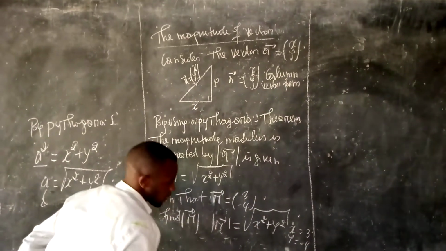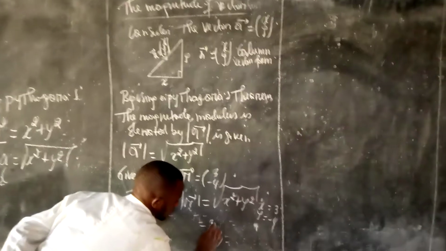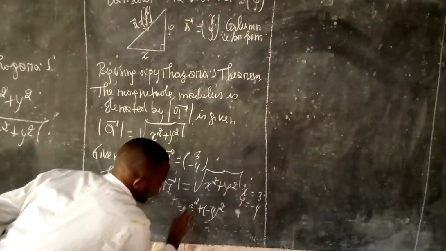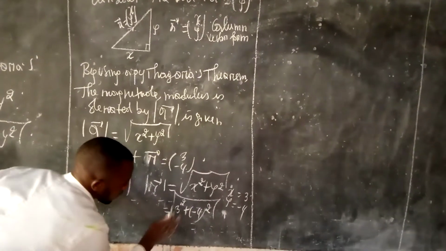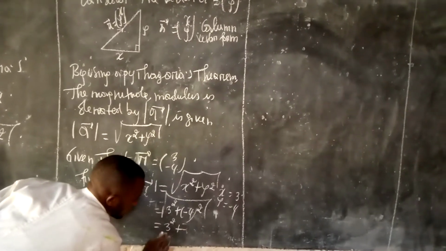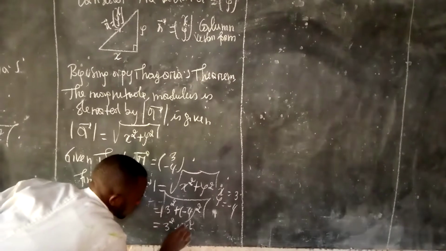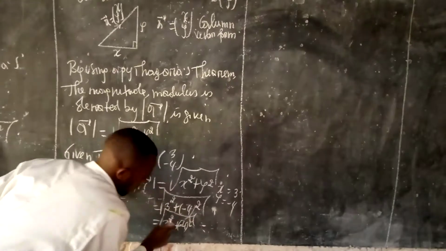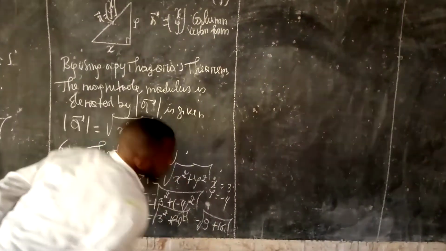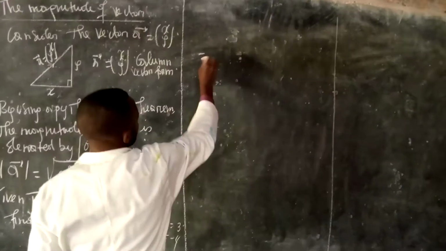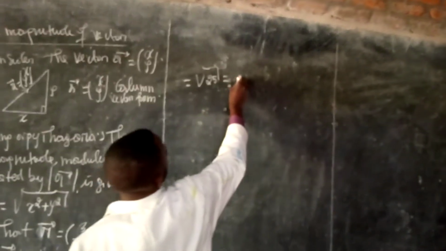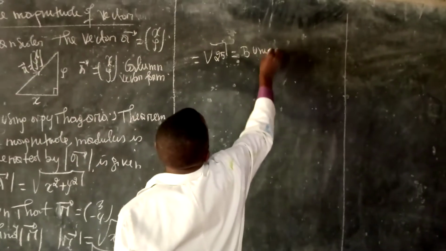So now we replace the variables by their values: 3 squared plus negative 4 squared, in square root. 3 squared we get 9, plus 4 squared we get 16, in square root, and now it gives the square root of 25, which is equal to 5 units.